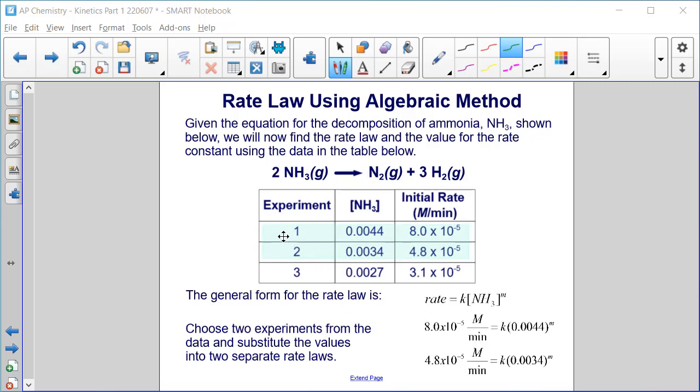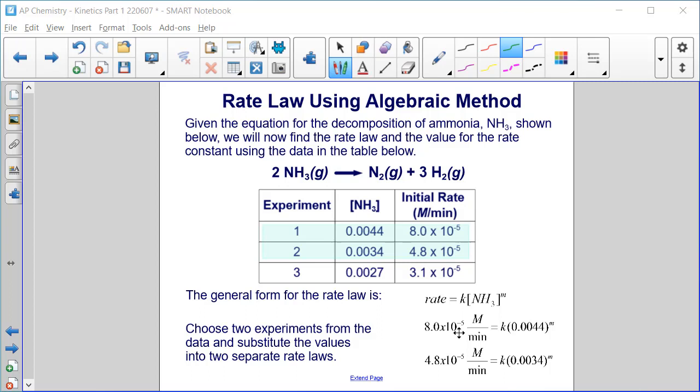Okay, so I've highlighted in this light blue 2 experiments. And I know that the general form of the rate law is the rate is equal to K times the concentration of NH3 to some power M, the order that we don't know yet. And so I've chosen the 2 experiments and I've substituted the data in.